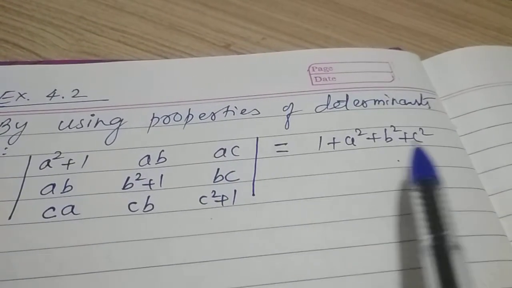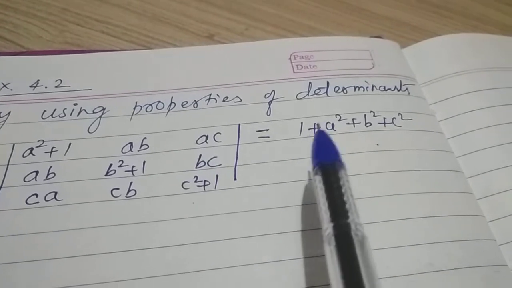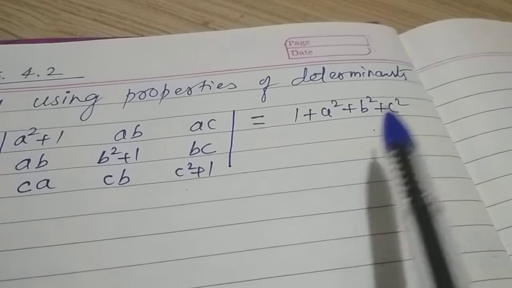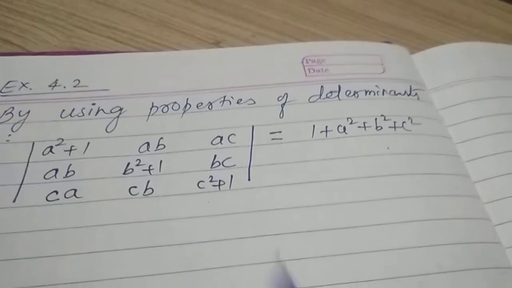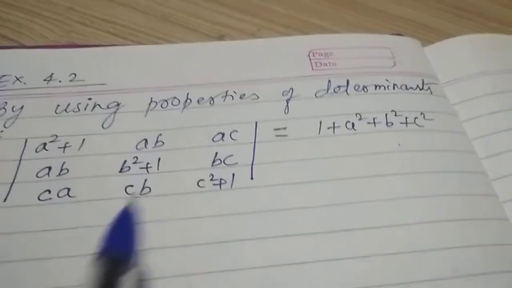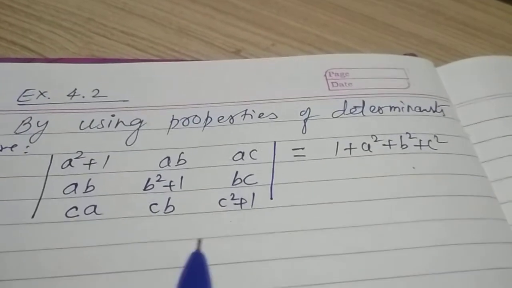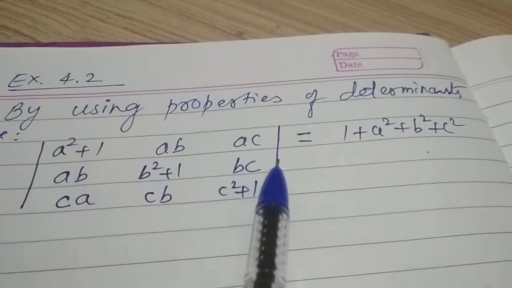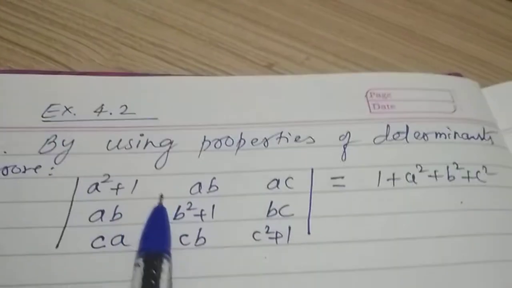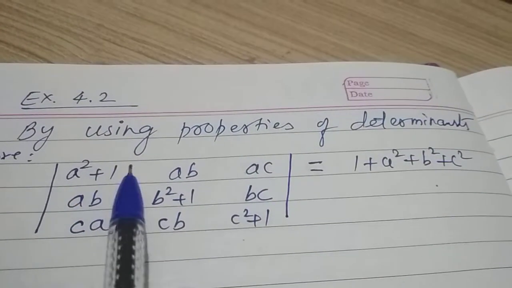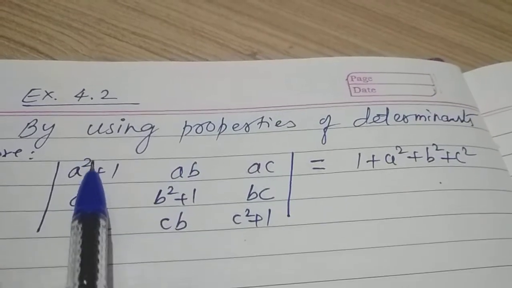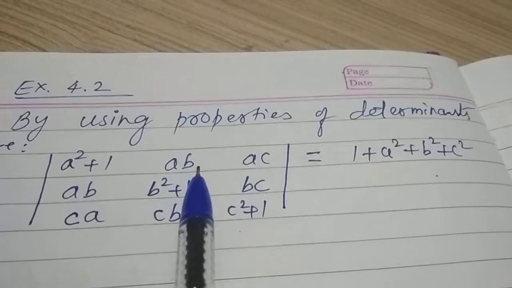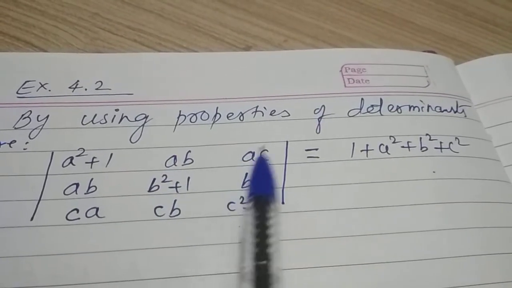And in the right hand side we have to get the entire quadratic expression 1 plus a square plus b square plus c square without any term like ab or ac or bc. So if you observe carefully, we can make a very brief study and see that this particular column contains a square plus 1, this contains ab and this contains ac.